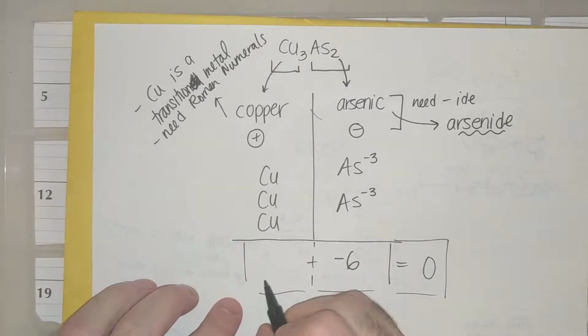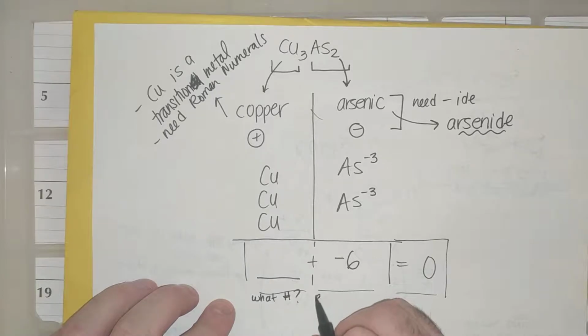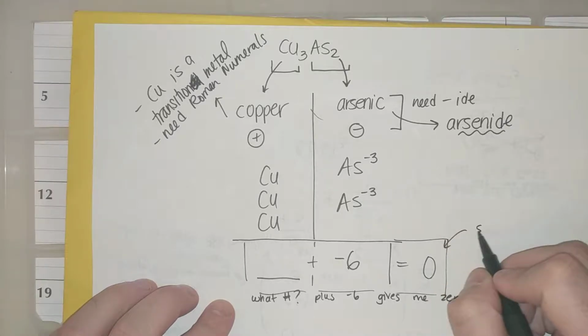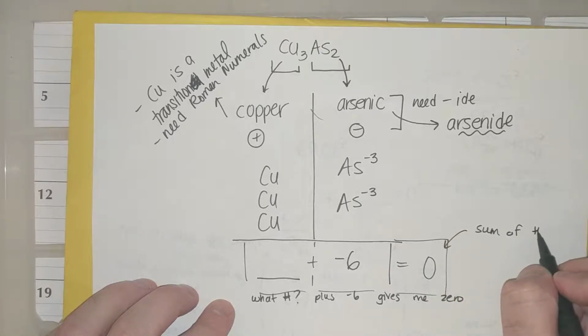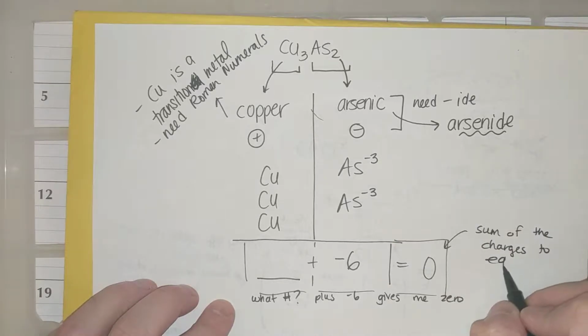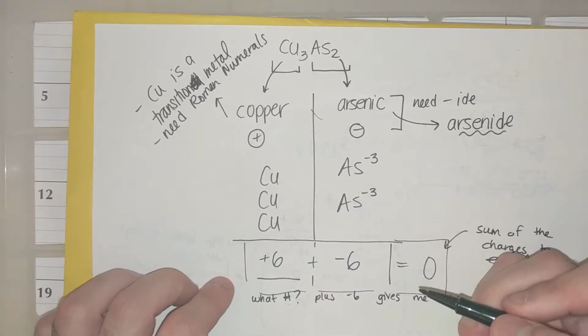What number plus -6 gives me 0? And remember, we want the sum of the charges to equal 0. And so you're probably already telling me that this has got to be +6.